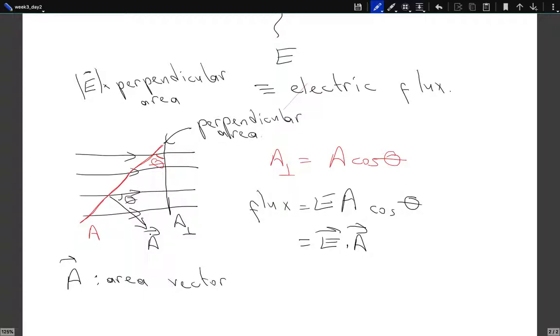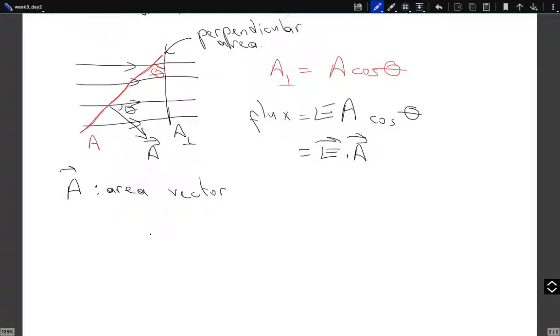Now the next question: not all electric field lines are parallel to each other, as your friend pointed out. So then what? But in that case, we do the usual trick that we always do in physics. Divide into small parts. Let us just imagine such a region of space with such electric field lines.